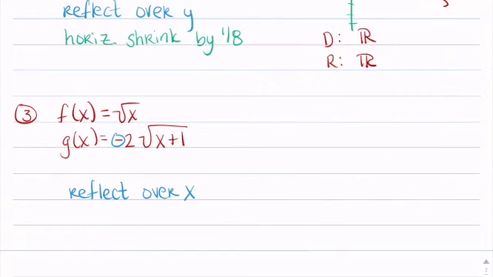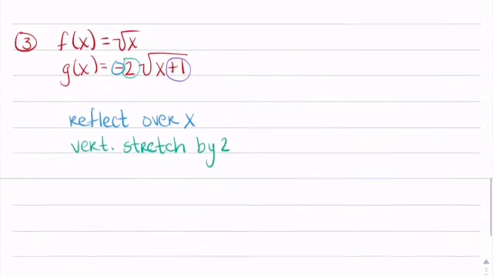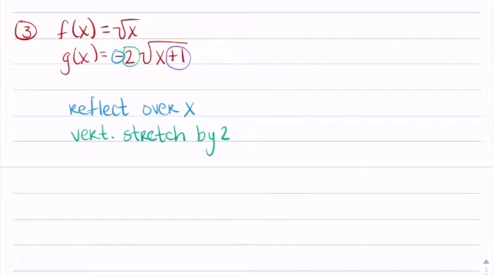The next thing I come to is this 2, again on the outside. That affects vertical. So this is a vertical stretch by 2. Finally, followed by a +1 on the inside. So it's inside the radical with x, which means it's affecting horizontal. So horizontal translation, left. Because it's positive, it's going to the left by 1.